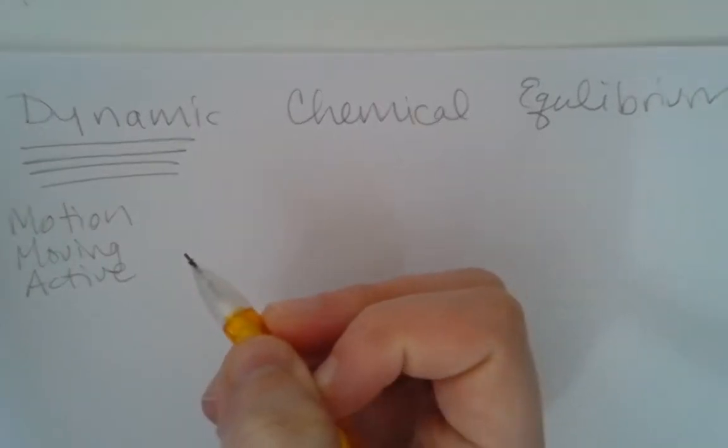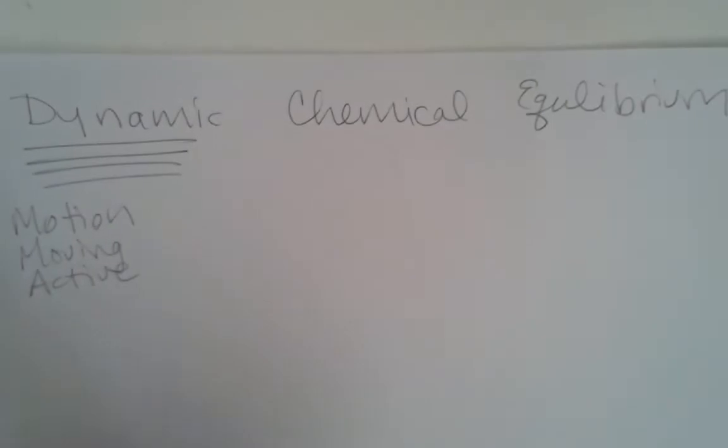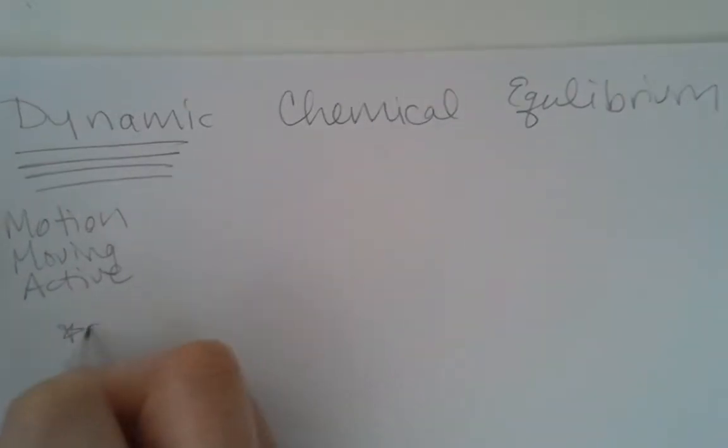Dynamic chemical equilibrium: things are in constant motion. They do not stop. Dynamic chemical equilibrium is a state of constant change.